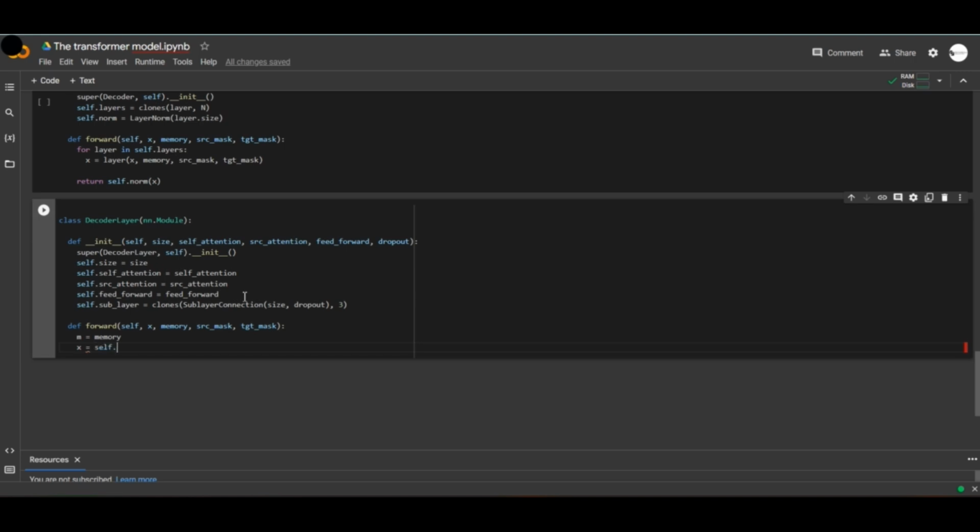So we say sublayer 0, then X, lambda taking X, then self.self_attention, then X, X, X, target mask. I told you about the self attention, and you're going to understand what these X mean. For now, like I said, treat it as a black box.